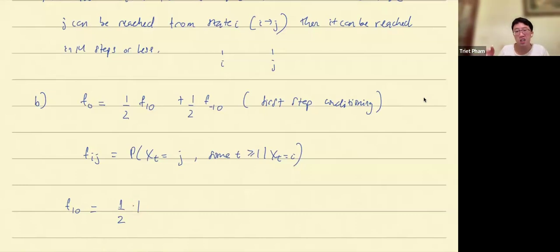The 1 here is guaranteed to be at 0, because if you return to 0, you're at 0. Or if you move to the right, then it's F20. Okay. And the same thing goes with F-10, but we'll talk about that later. Any questions so far?